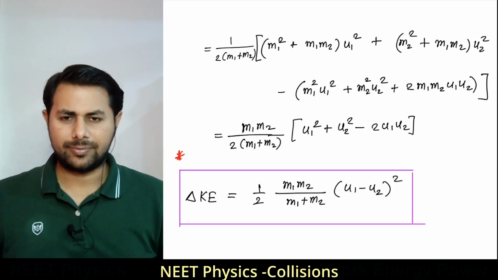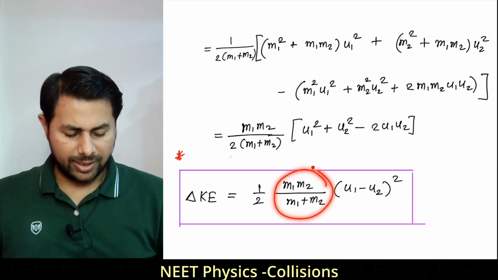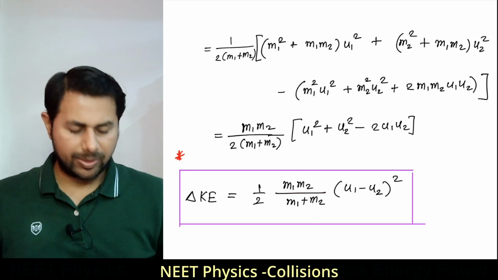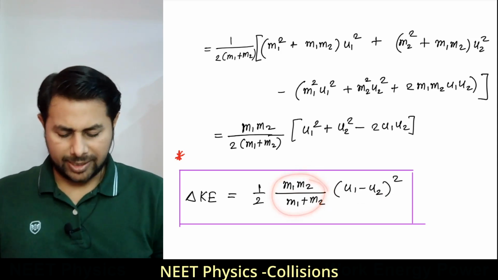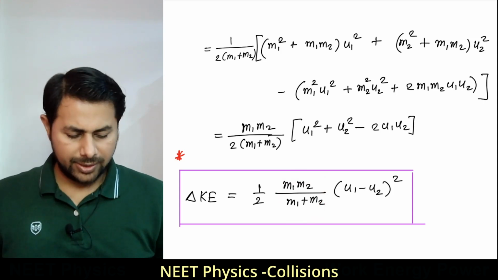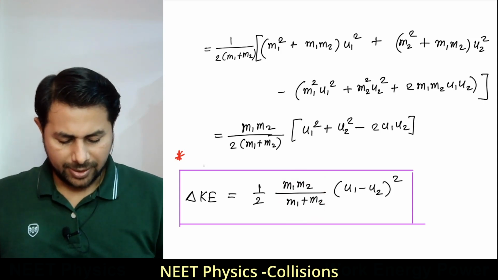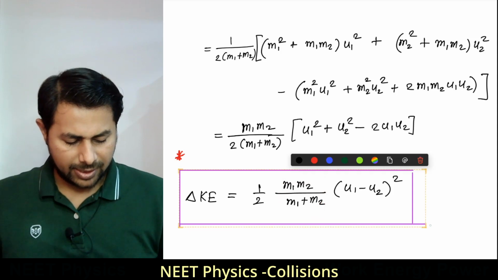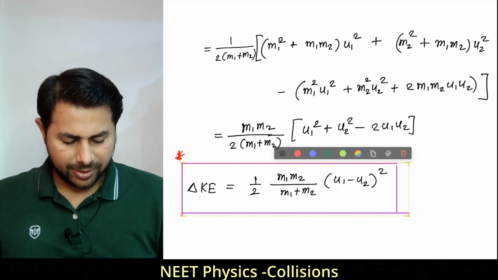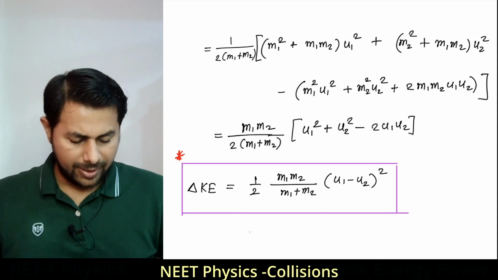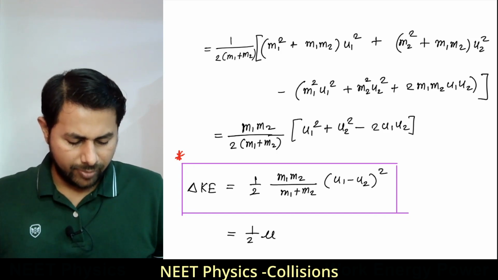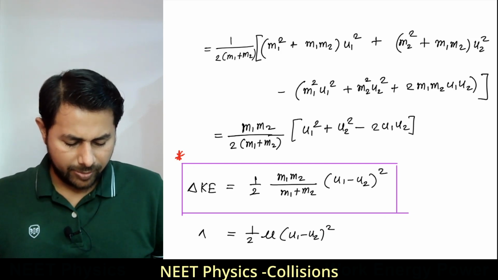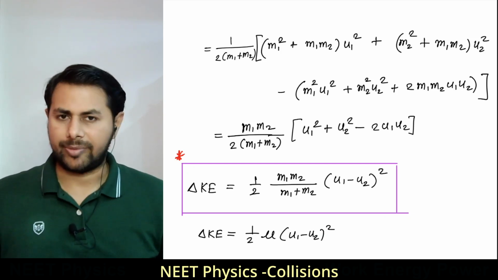Okay, now this thing m1 m2 upon m1 plus m2 has a specific name. It is called as a reduced mass. So if I call that reduced mass and I denote it by some letter, usually it is denoted by letter mu. So half of mu multiplied by u1 minus u2 square. So your formula becomes very, very simple to remember, right?